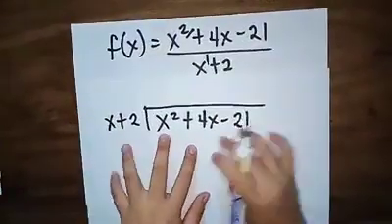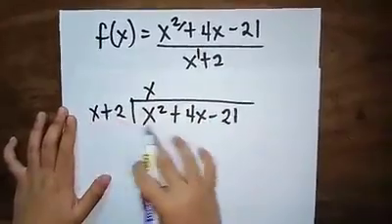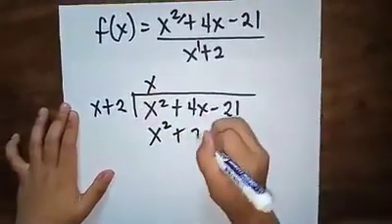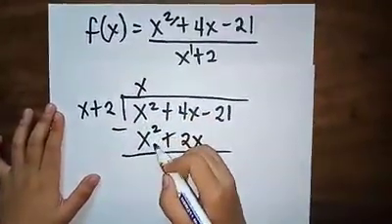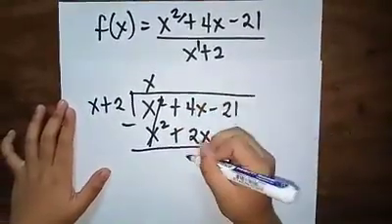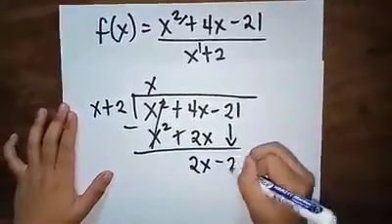So, x squared divided by x is equal to x, then x times x equals x squared, then x times 2 equals positive 2x, then subtract. X squared minus x squared is equal to 0 or cancel, then 4x minus 2x is equal to 2x, bring down negative 21.